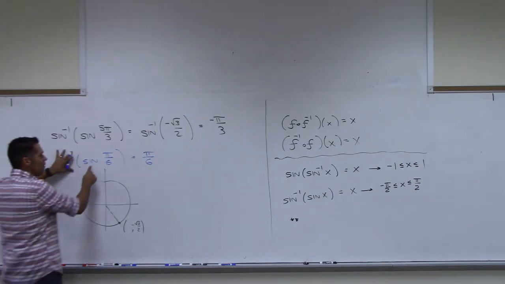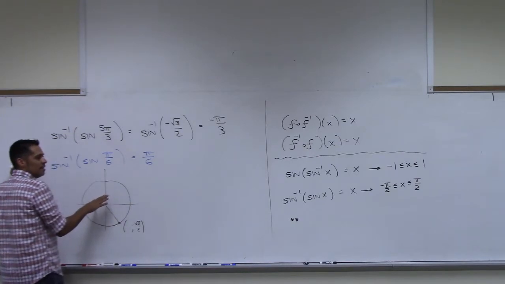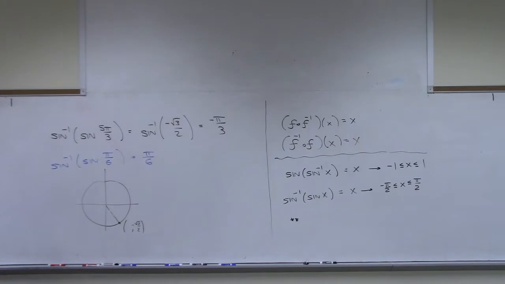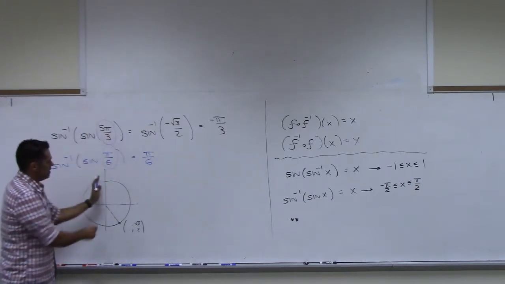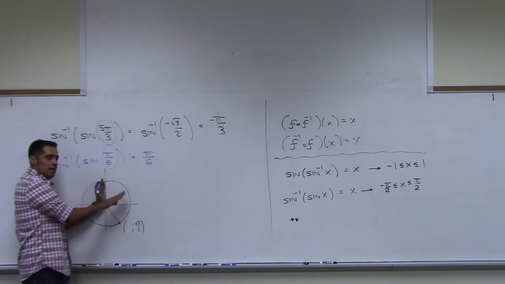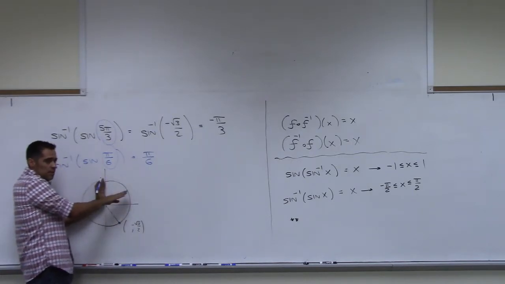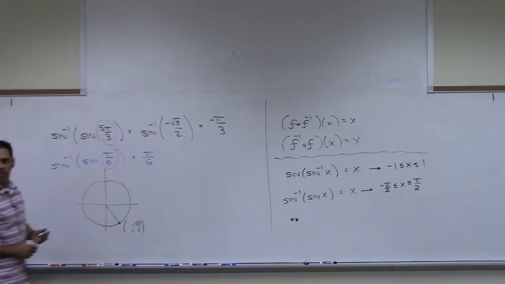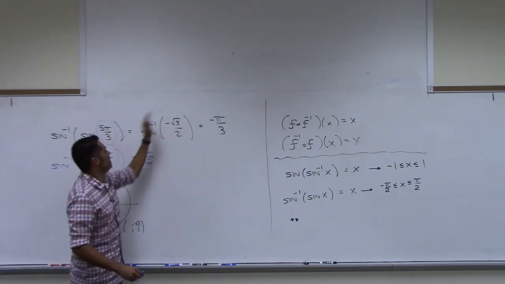Sine of pi over 6 is 1/2, but then arc sine takes it back. So if the angle going in is between -pi over 2 and pi over 2, then the property works. If not, you have to actually figure out what the y coordinate is and then undo it again.